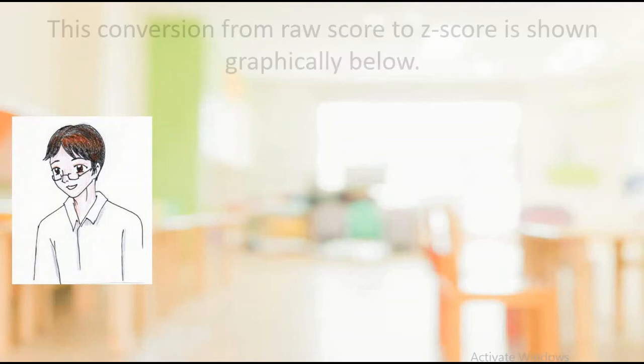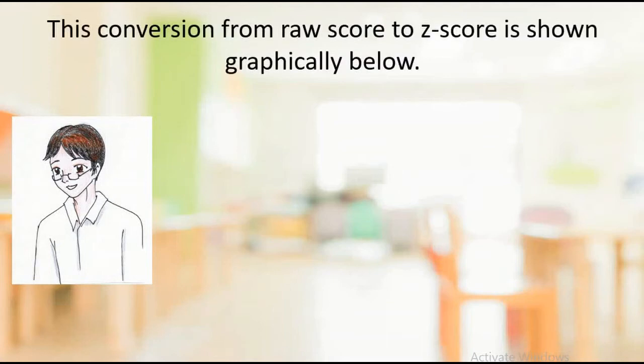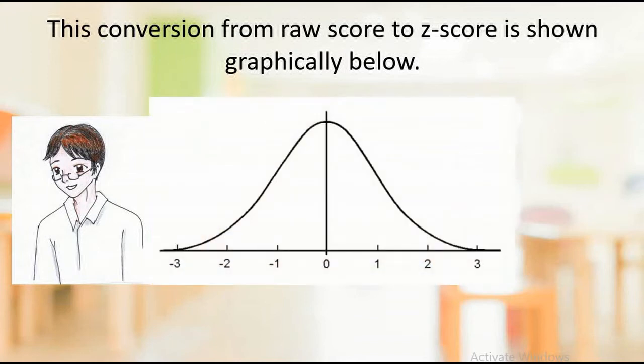This conversion from raw score to z-score is shown graphically below. So take note that the mean is 50, so it is positioned on the 0. Then subtract 4 from 50 to the left. So that would be 50 minus 4, so that is 46.